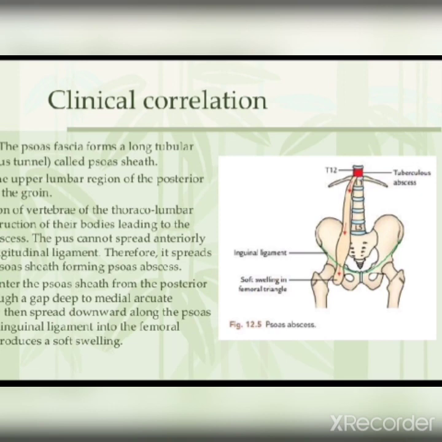Pus may then spread downward along the psoas muscle under the inguinal ligament into the femoral triangle, where it produces a soft swelling. Okay, so this is the psoas abscess.